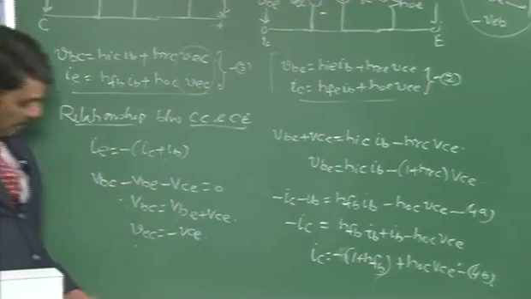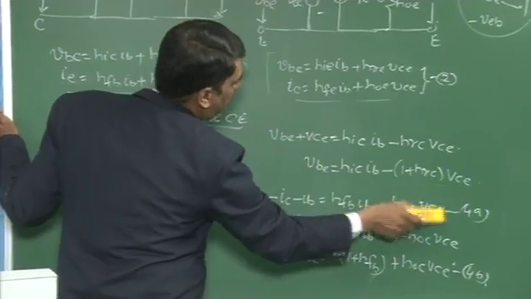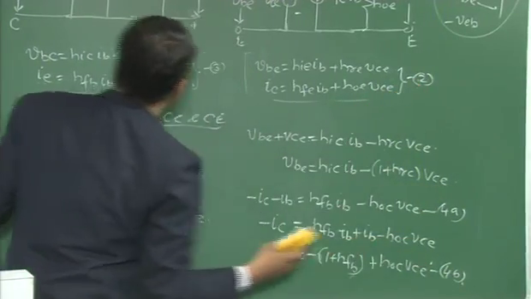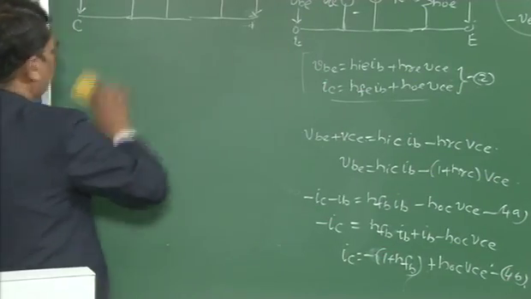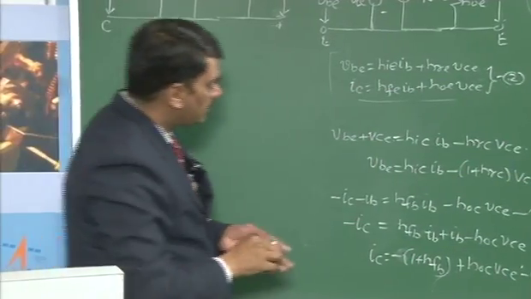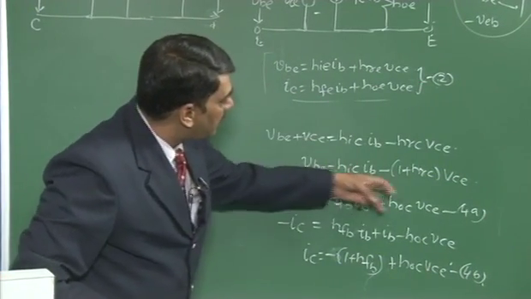If you compare equation 2A with 4A, and 2B with 4B, we will get the relationship between the parameters, because the LHS are equal and the IB currents are equal.